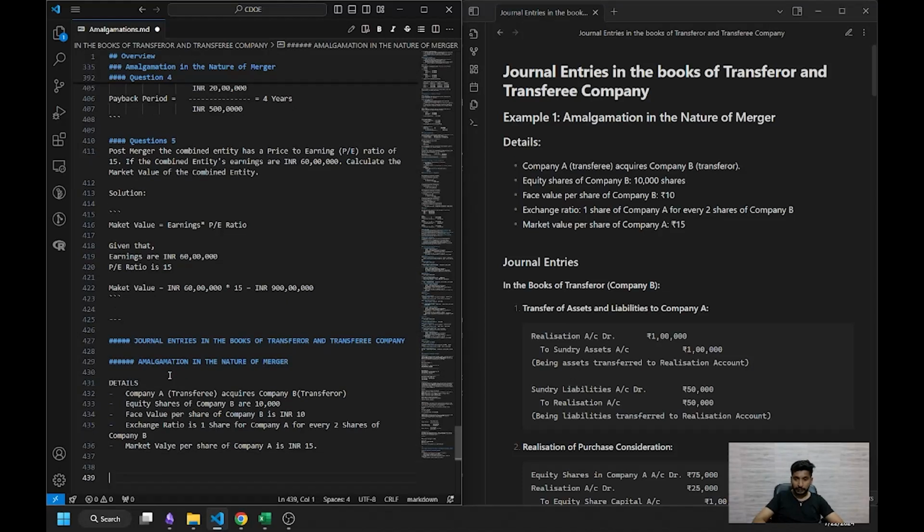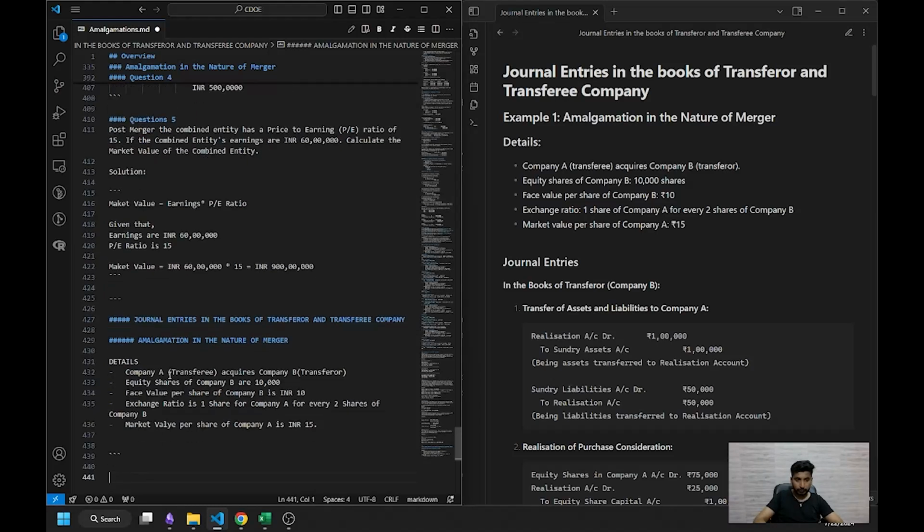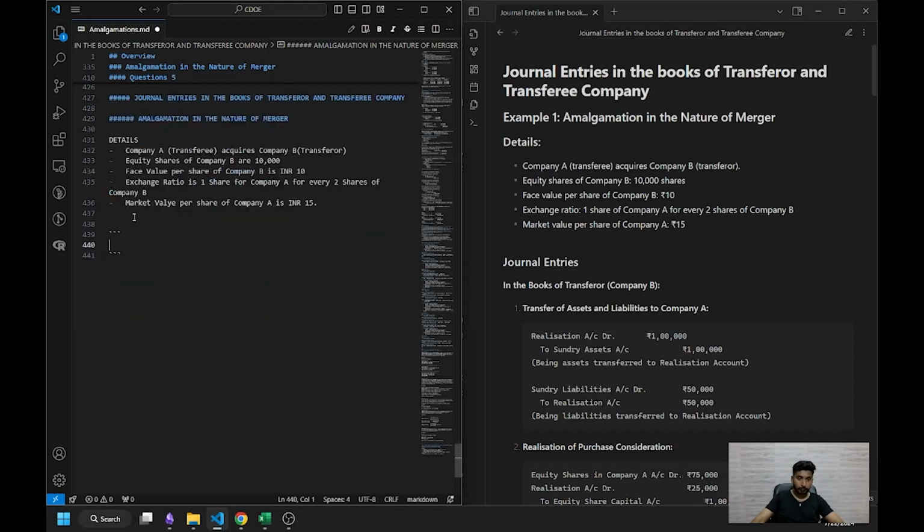Here, first we need to understand how we can calculate the assets and the liabilities. For the asset part, we know that assets is equal to liabilities plus capital.